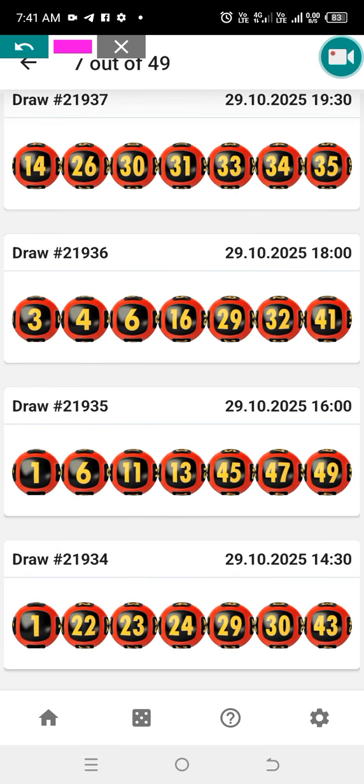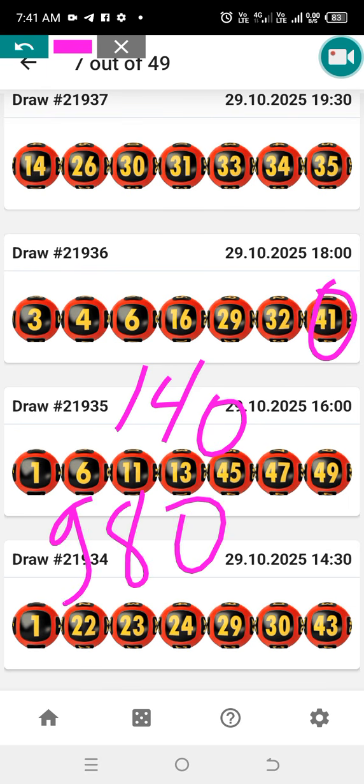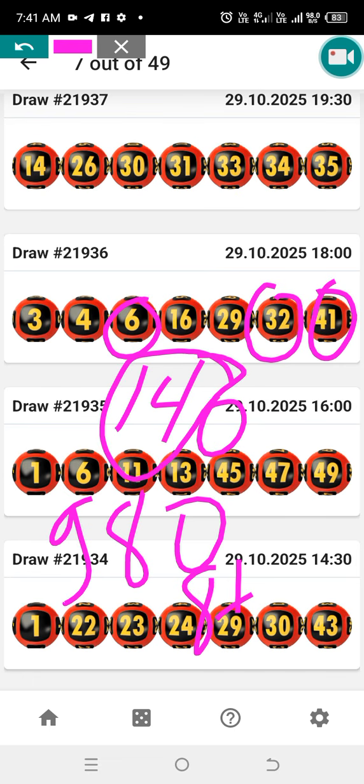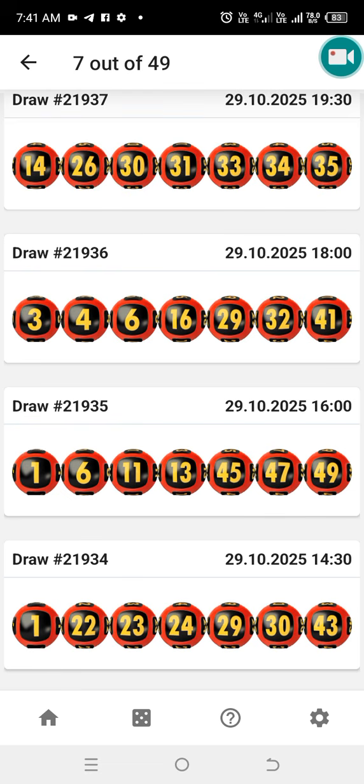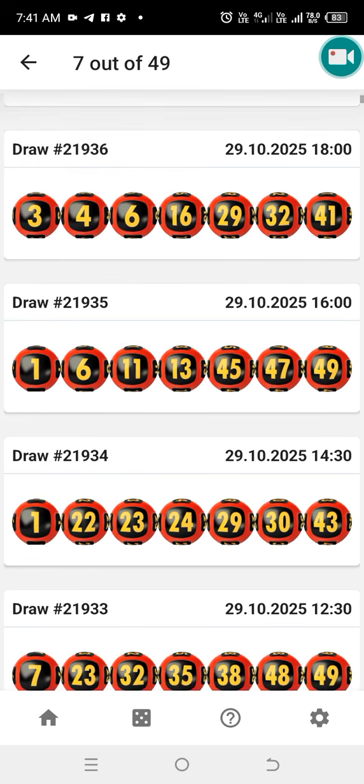What happened here, 140 gave us 41, right? Then 980 gave us 6 because we had 80 plus 24, it gave us 32. But still, even if the 41 played, we still have a 14. That will be your number to go with. You move with a number which did not come.